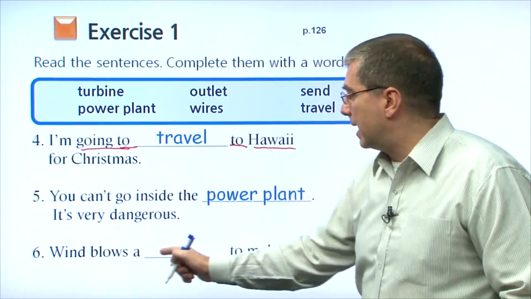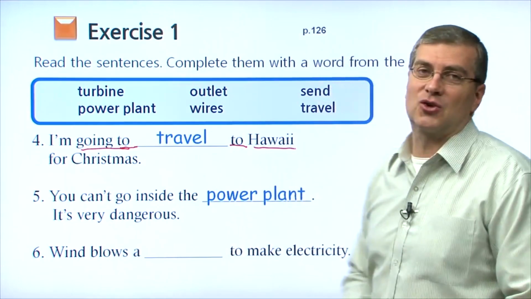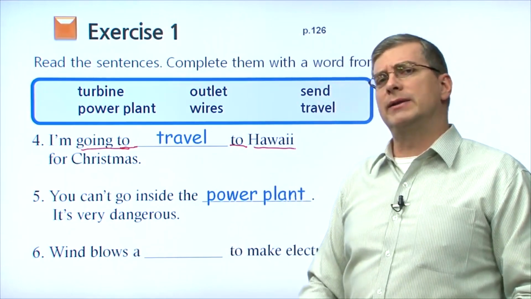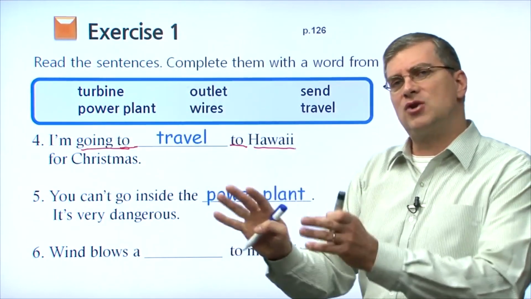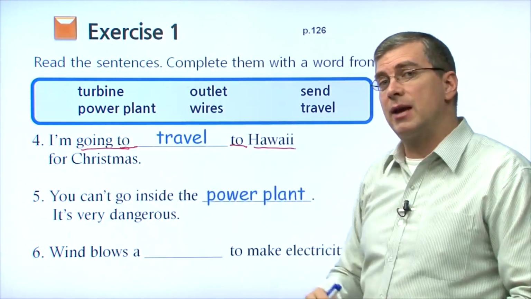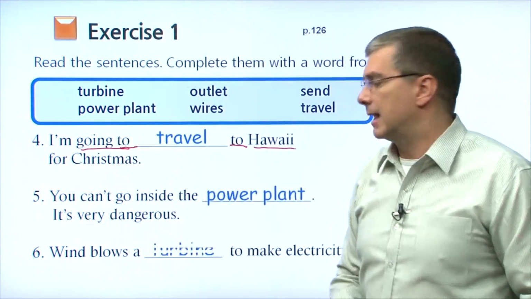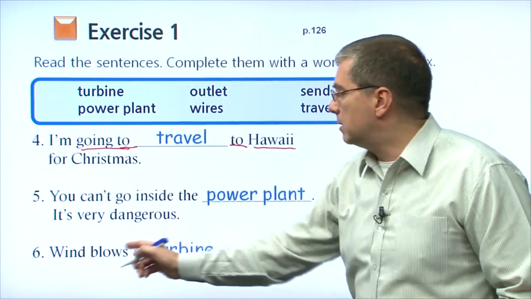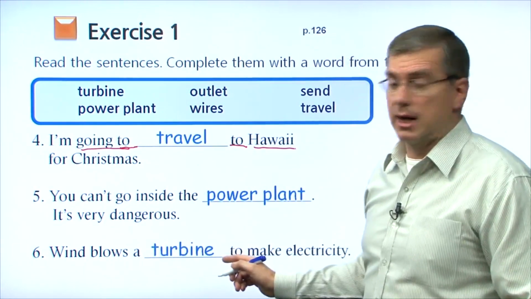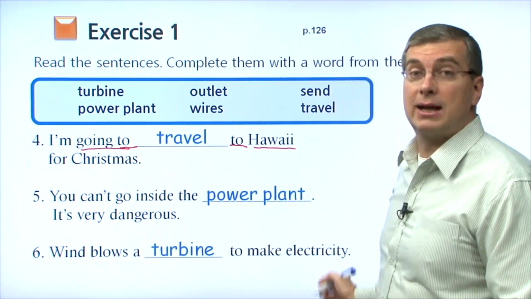Okay, let's move on to the last exercise, number 6. Wind blows a beep to make electricity. Wind blows a what? We talked about that before. Remember the big fan that we saw the pictures of outside? There were many of them together. What was that? That's right, it was a turbine. Turbine. So wind blows a turbine to make electricity.